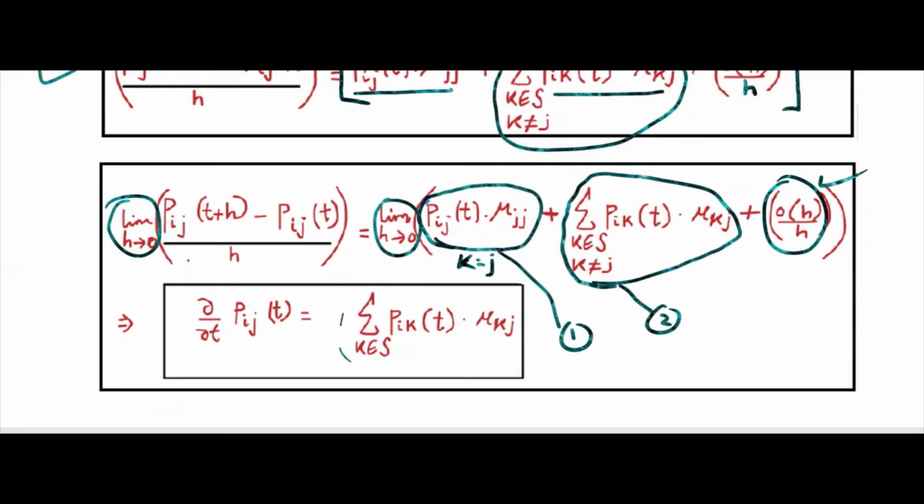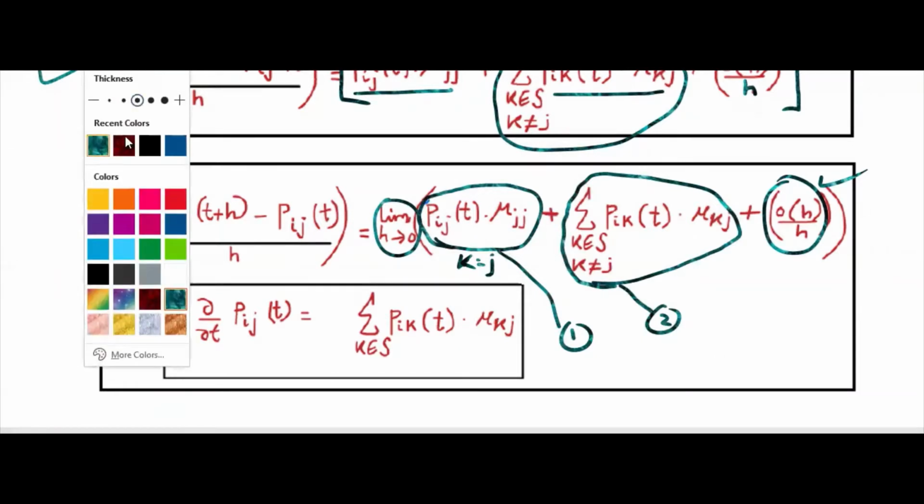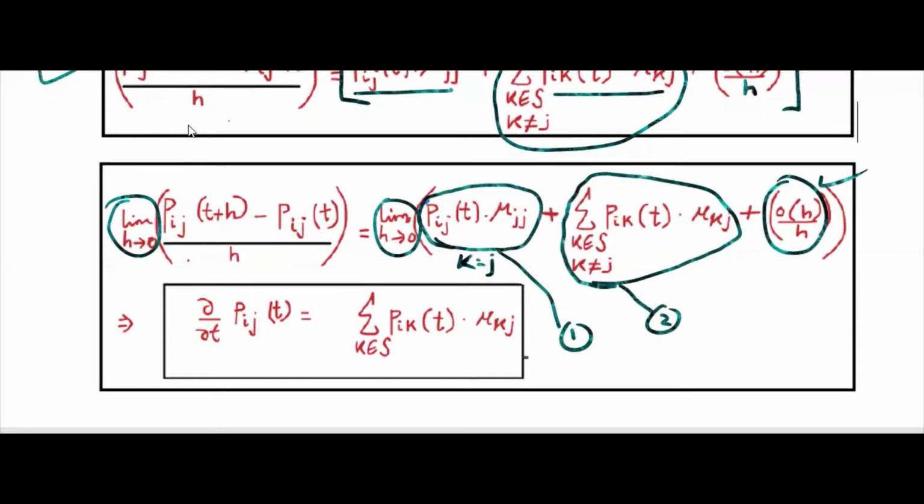So we will not write this one and will not write any condition. If you have 3 terms here, 1 comes here, 2 comes here. If you have 10 terms, 1 comes here, 9 comes here. That way. So this is our final equation, and this gives the differentiation of P_ij(t).